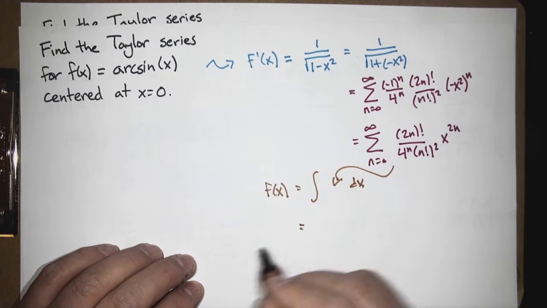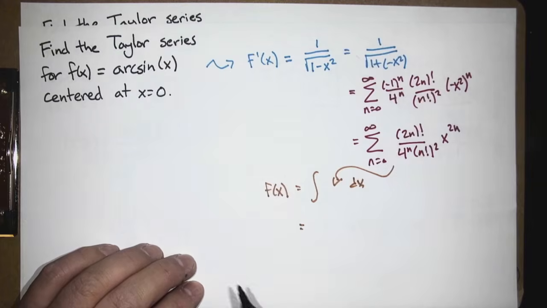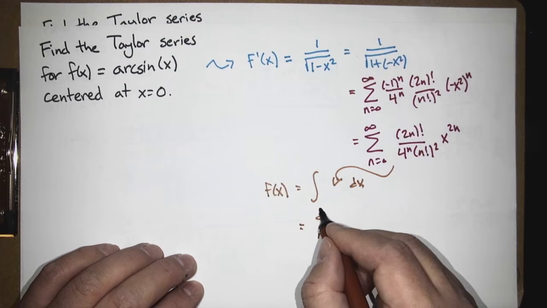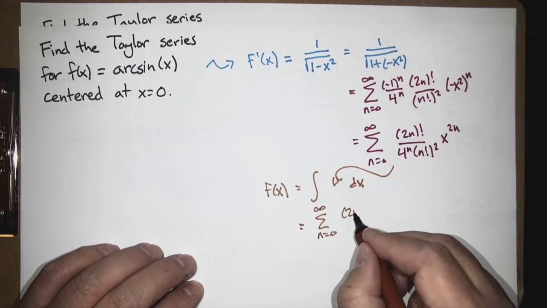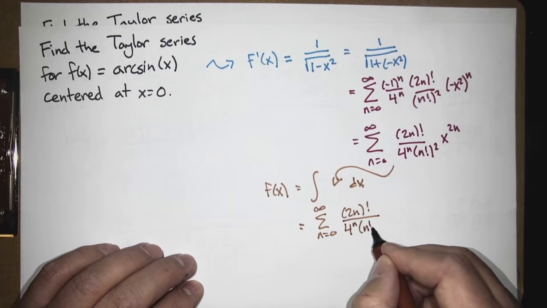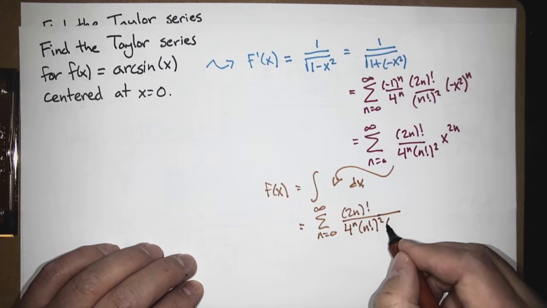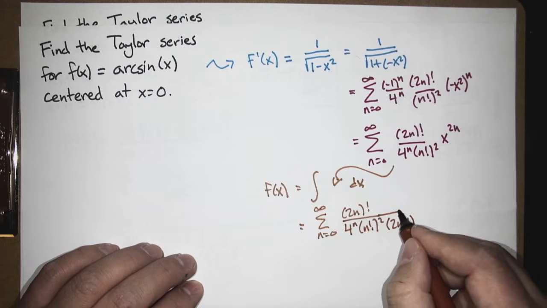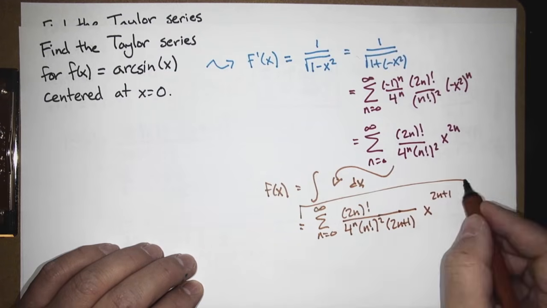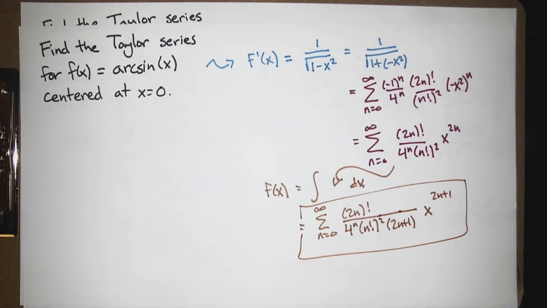Now there's a plus c. I'll go ahead and tell you that the constant will be 0. So term by term integration gives us the sum 0 to infinity, 2n factorial over 4 to the n, n factorial squared, times 2n plus 1 downstairs, x to the power of 2n plus 1. And there is the Taylor series for arcsine.